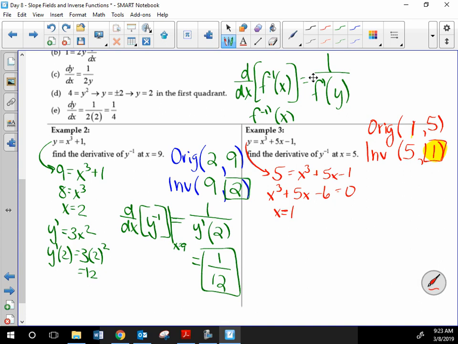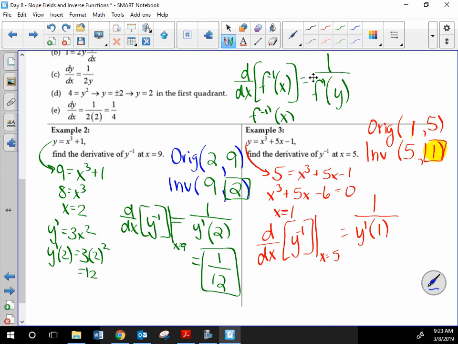Okay. So again, when we go to do our derivative, the derivative of my inverse, evaluating at 5, is simply 1 over your derivative at our y value. We need our derivative at 1, so let's go ahead and do that.